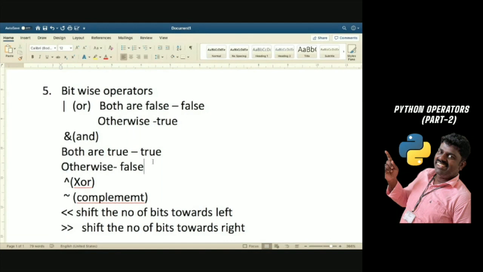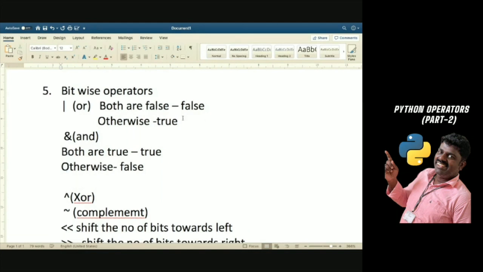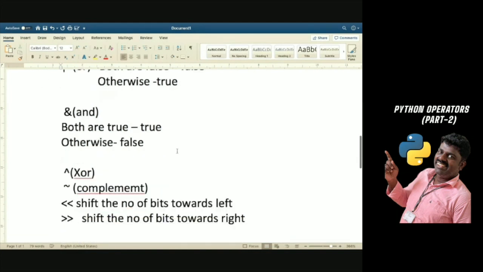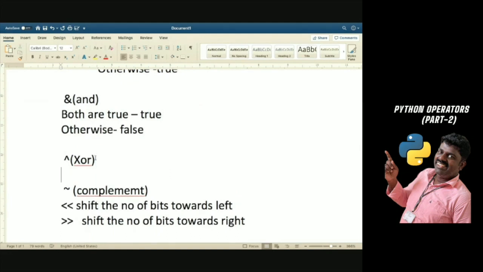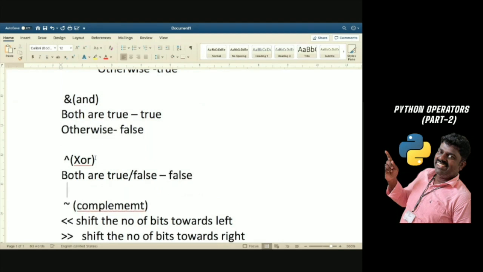For XOR, if both are true or both are false, we will have false, otherwise true.